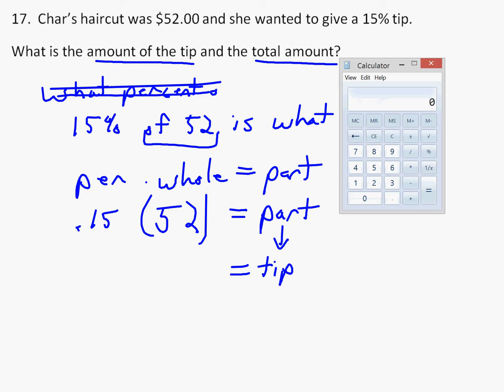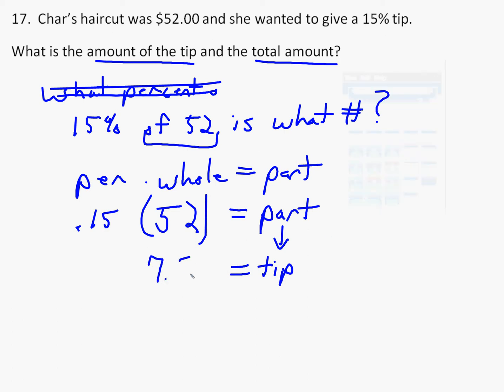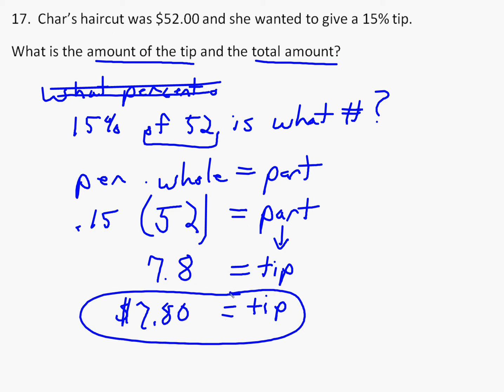So I want to multiply 0.15 times 52, and we get 7.8. Well, what does that mean, 7.8? This is a dollar amount, so the tip is $7.80. So that answers the first part. I also asked, what's the total amount?